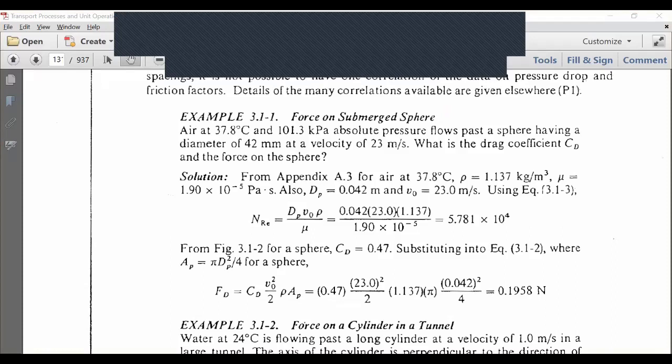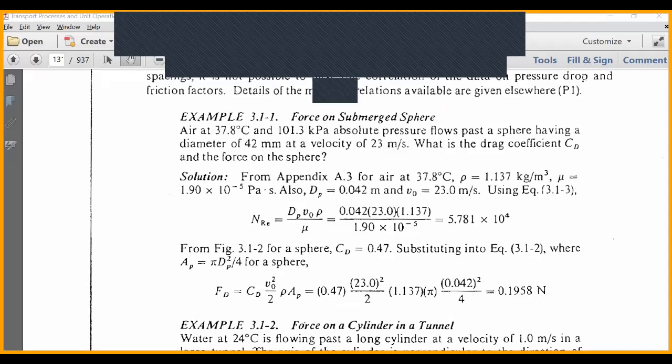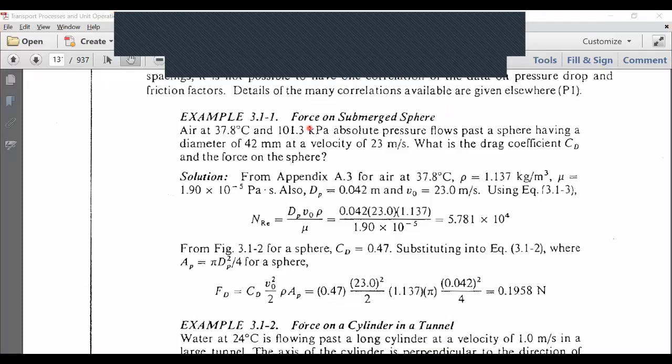Okay, so we will discuss examples 3.11 and 3.12. For 3.11 first, we have air at this temperature and pressure flowing past a sphere having a diameter of 42 millimeters at a velocity of 23 meters per second. We are asked to calculate the drag coefficient and also the force on the sphere.